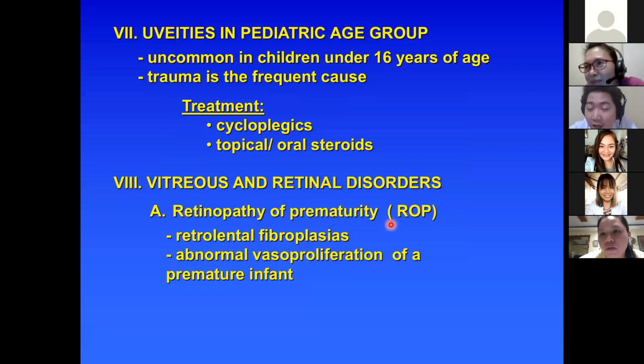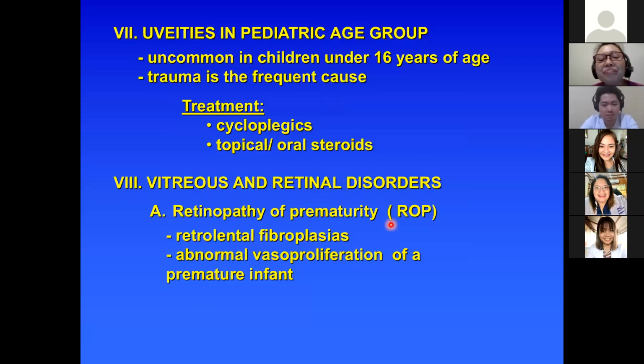Next, the ciliary body. Next, the choroid. So uveitis in the pediatric age group is uncommon, and usually the frequent cause is trauma. Just like adult uveitis, the main management is still cycloplegics and steroids. There's no difference.